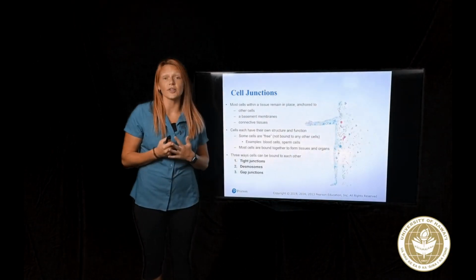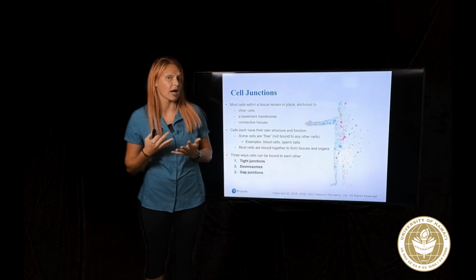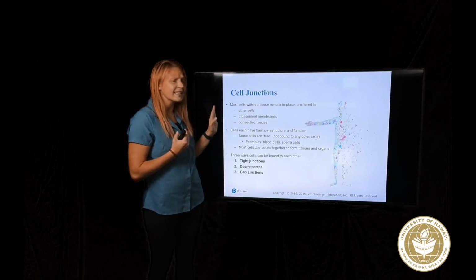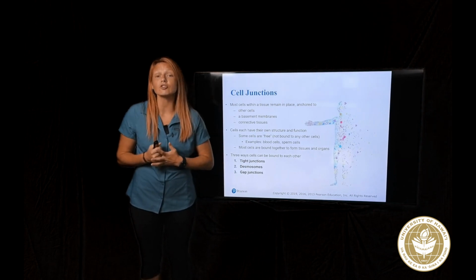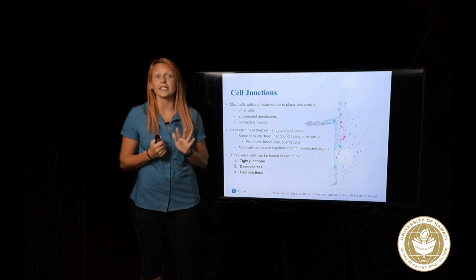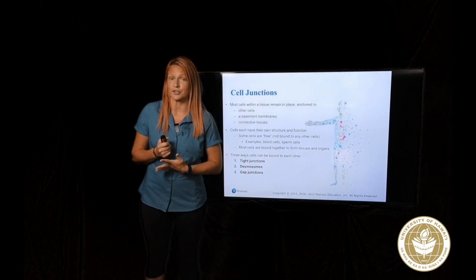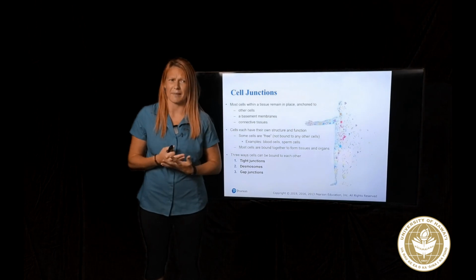So I'm going to start this lecture off by talking about cell junctions. And if you've read through chapter 4, you might be like, wait a minute. I did not see anything about cell junctions in chapter 4, and you would be correct. So cell junctions were actually talked about in your e-text back in chapter 2, and I didn't cover them in chapter 2 because I felt like it was a little out of place there, right? Chapter 2 was all about chemistry.